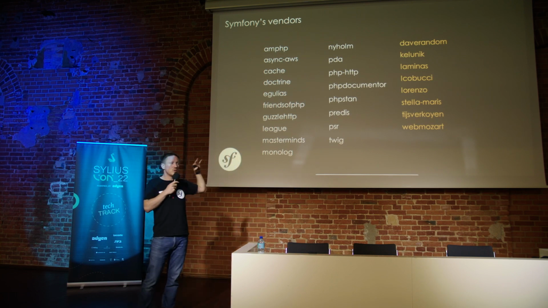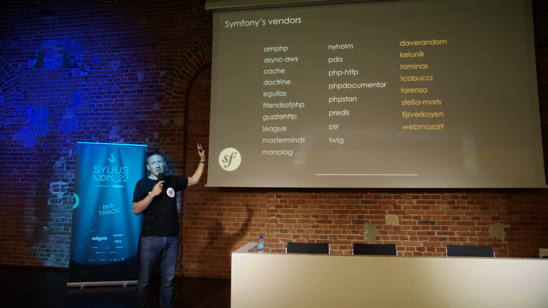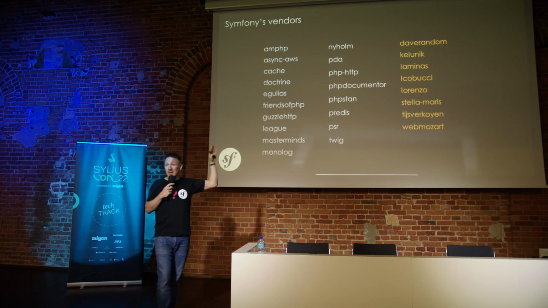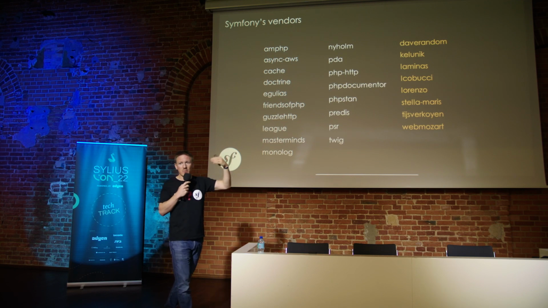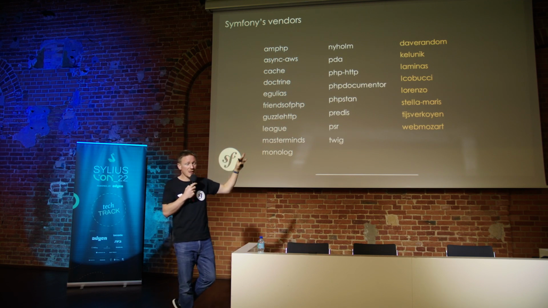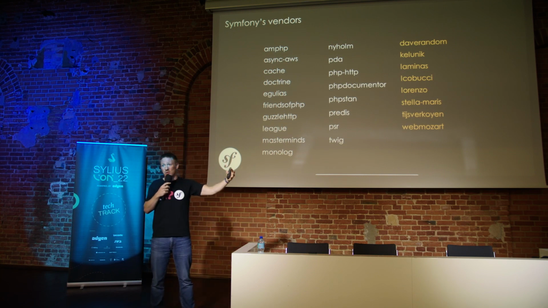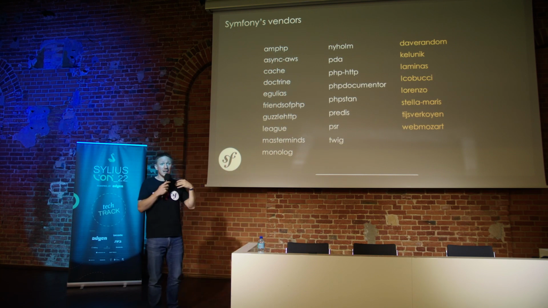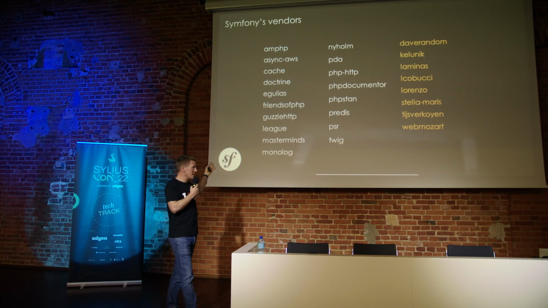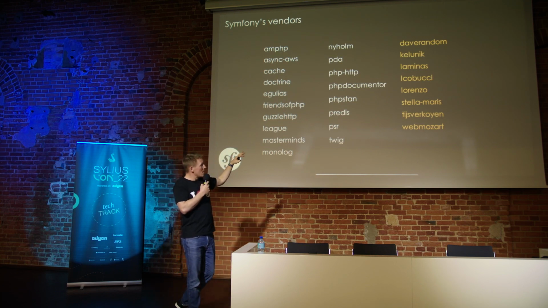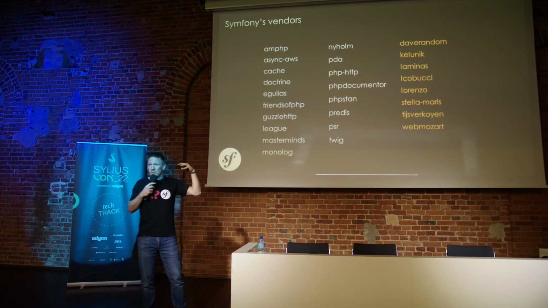From my point of view, I don't have enough confidence in them. They are too far away in terms of transitiveness from Symfony, and there is a risk for Symfony in there. It doesn't mean they are bad, it means there is less control over them. We did not decide to adopt them. Someone else decided for us, and there's something from this talk that we could do in Symfony.